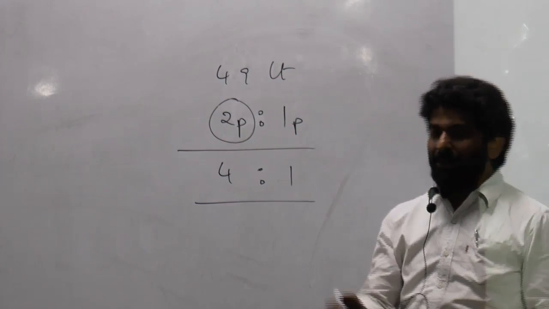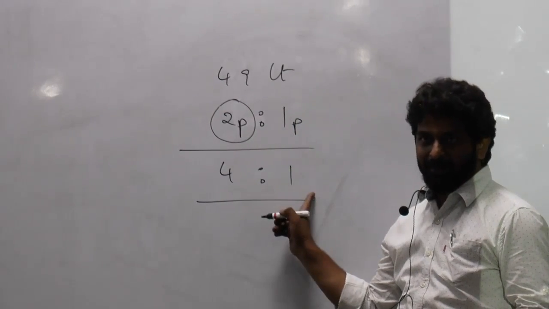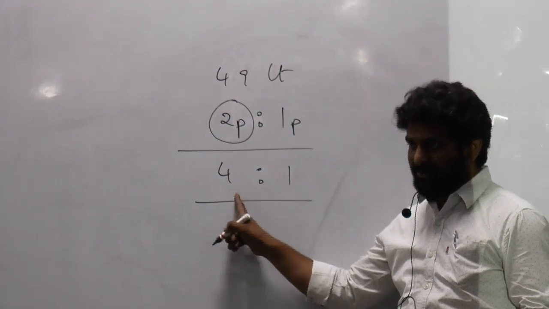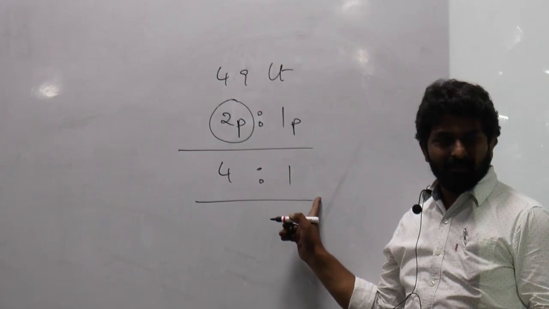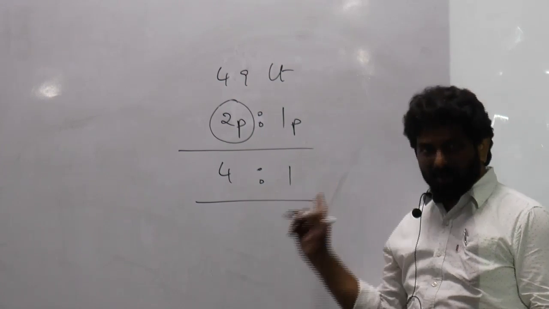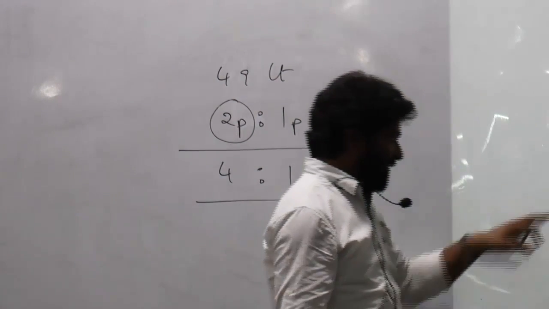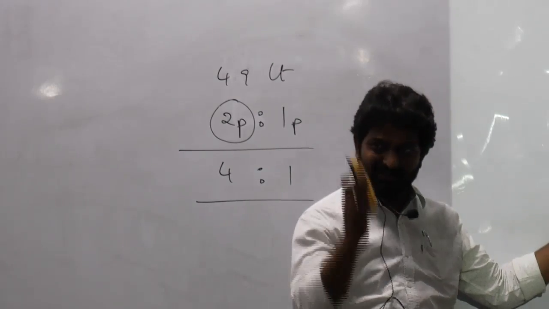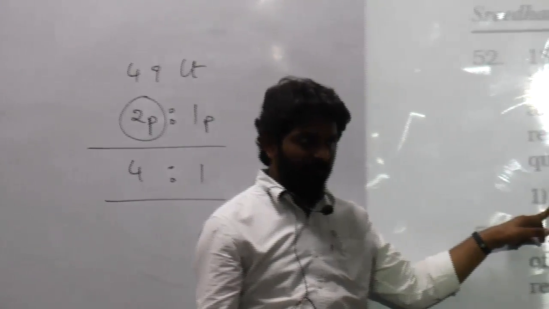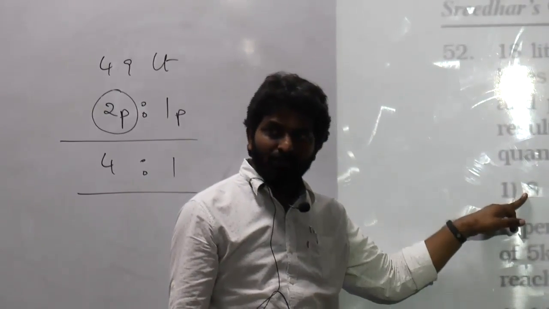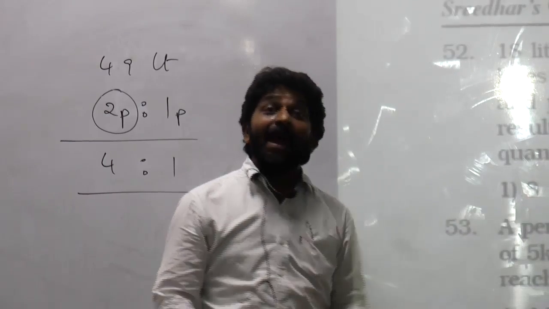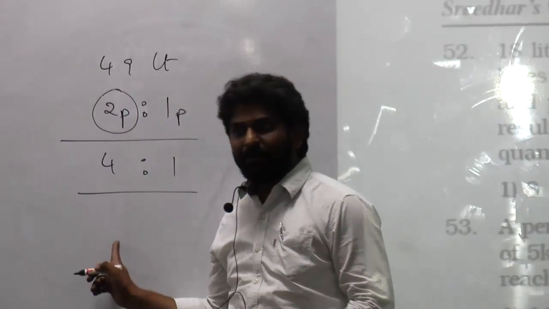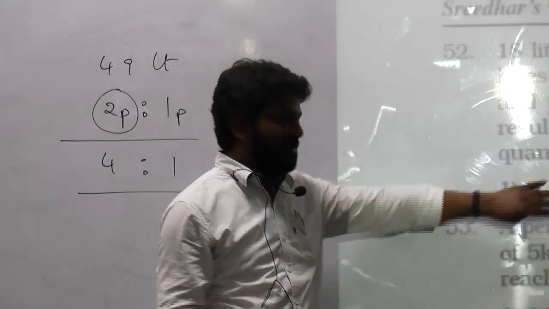After adding that quantity to 49, you should get a 5 multiple, because final ratio is 4:1. This is what I am trying to verify. This is milk, water is half, 4. Add those two, 12. 12 added to 49, will that be a 5 multiple? This cannot be your answer.